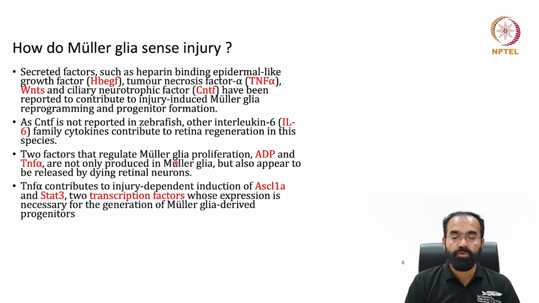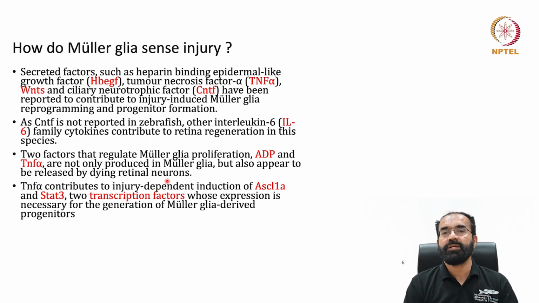Two factors that regulate Muller glia proliferation, that is ADP. You know, ATP, when it is degraded, it will become ADP, and it can further become AMP, adenosine diphosphate, adenosine monophosphate. Adenosine triphosphate is the energy source, and ADP can also act as a signaling molecule for the Muller glia proliferation, and TNF alpha are not only produced in the Muller glia but also appear to be released by the dying retinal neurons.